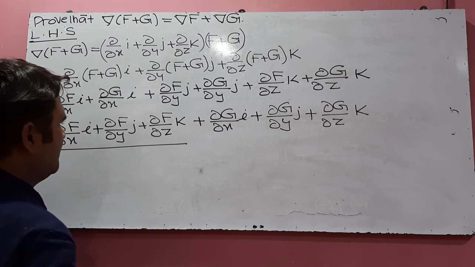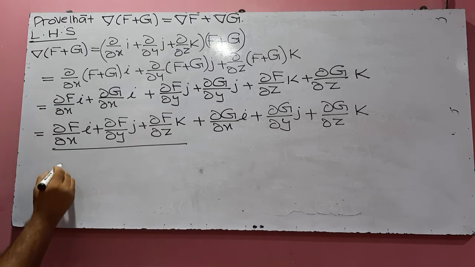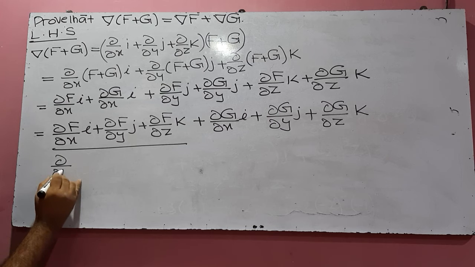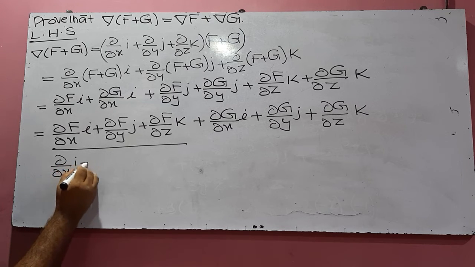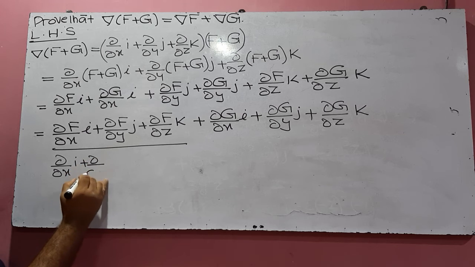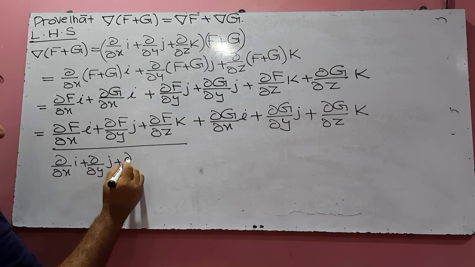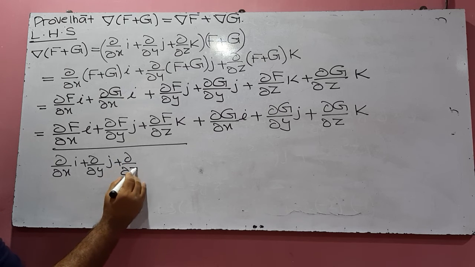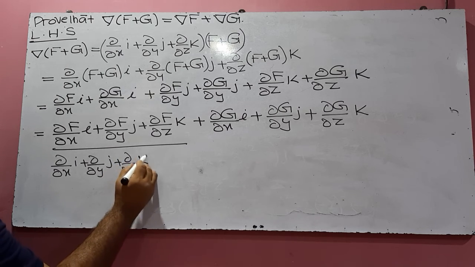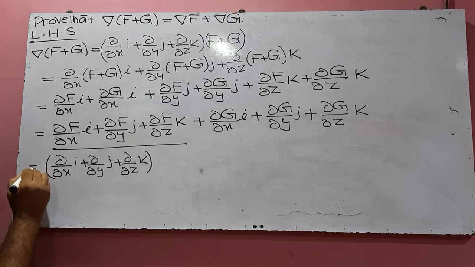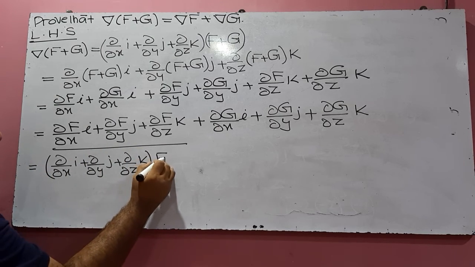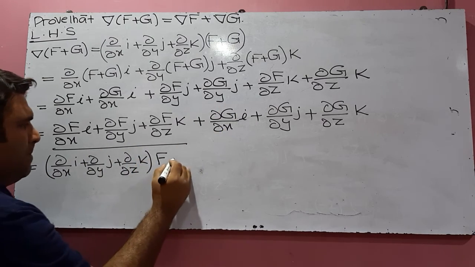From the first three terms, f is common, so d over dx i plus d over dy j plus d over dz k, f is common. Similarly, g is common from there.